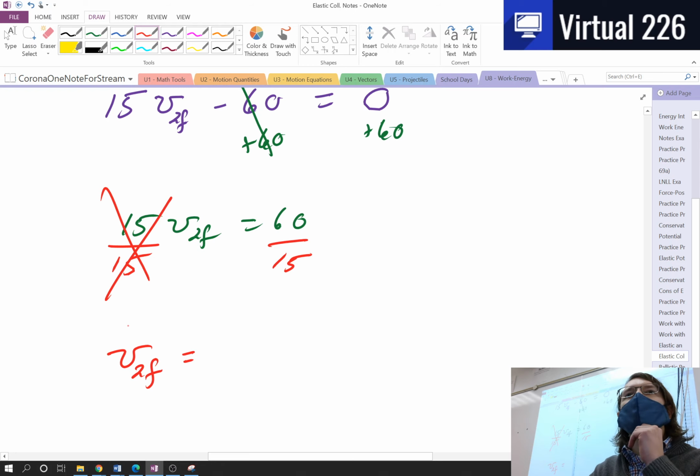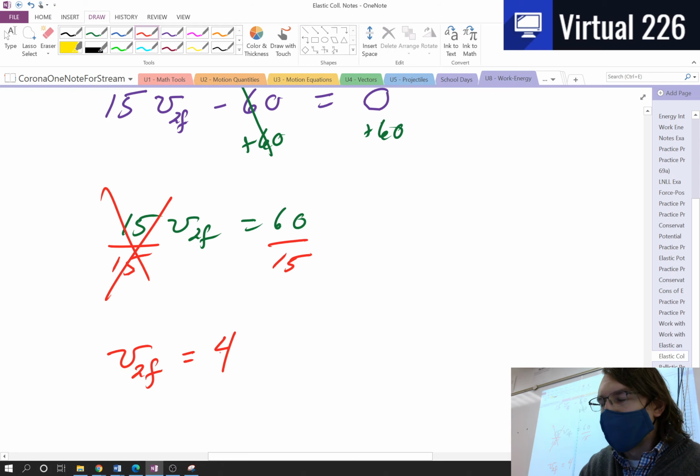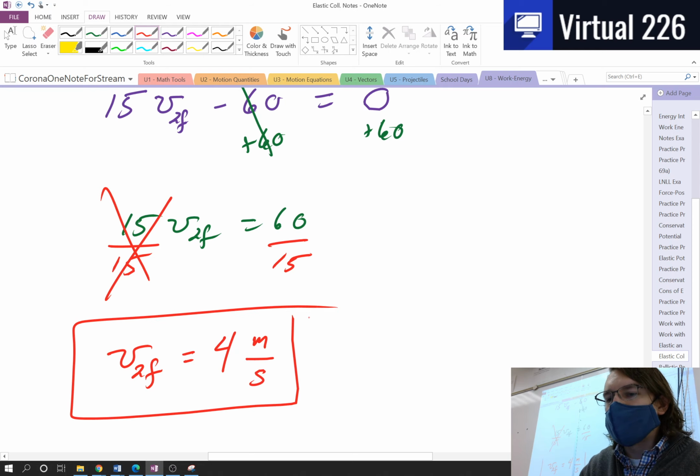And V2F in this case is 60 divided by 15, which is 4. 15, 30, 45, 60. And classically, because it's a velocity or speed, we get meters per second. That's the same value we found with our magic equation.